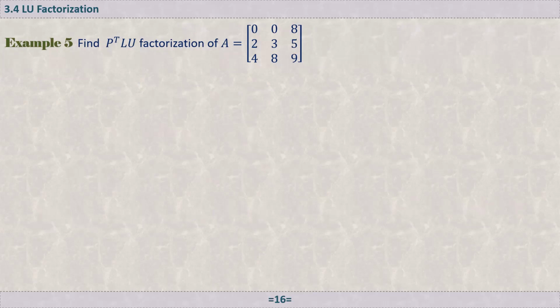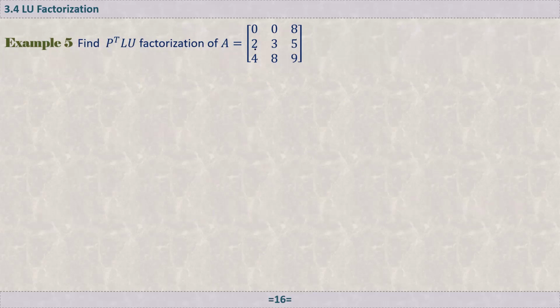All right, 0, 0, 8, 2, 3, 5, 4, 8, 9. As you see here at the top, we have 0, 0, 0, so somehow it should be at the bottom, right? So first, how many permutations should I make here? 2, right?